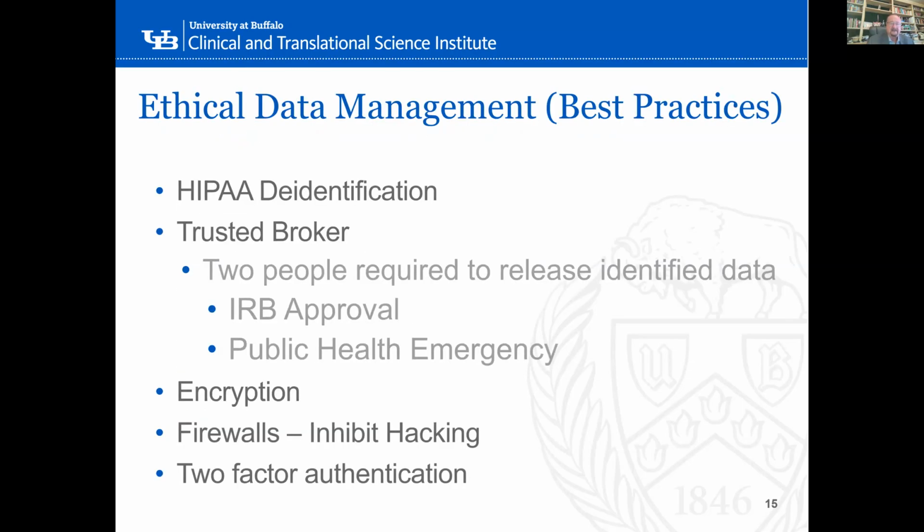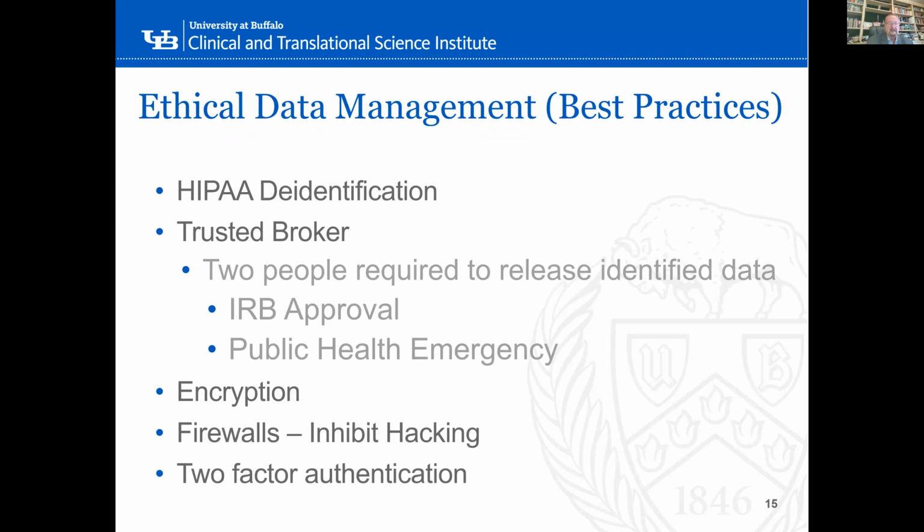So what are best practices? I started telling you about bad practices. Let's start with some good practices. Well, first, we're going to talk about HIPAA de-identification, then using trusted brokers. This is where we have two people required to release identified data, either for IRB approval or a public health emergency from an authorized public health agency.